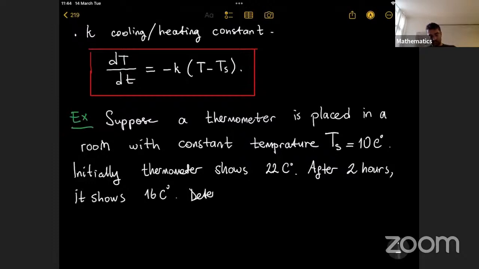Determine the value of the thermometer after 3 hours.